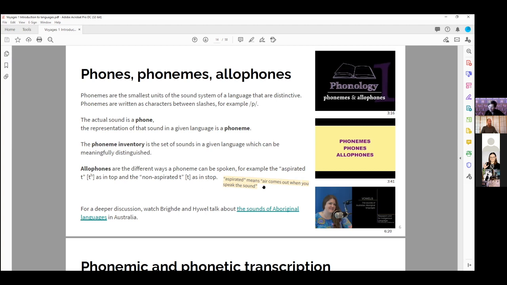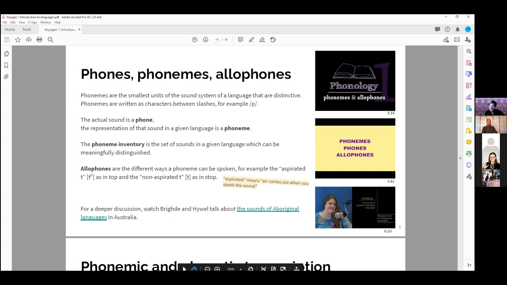But in some languages, aspirating top and dop matters; it almost sounds like a D-O-P in English if you don't aspirate it. So in English, aspiration doesn't change the meaning. In other languages, it might.